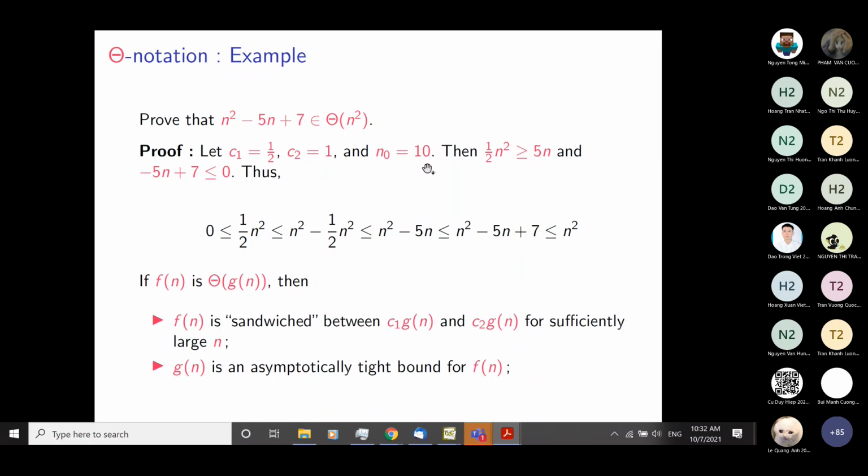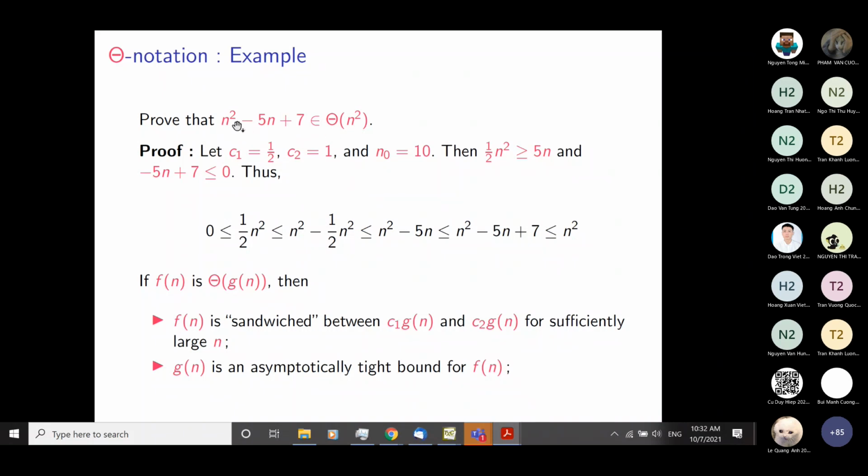So what we want is this term here to be smaller than n squared. Okay, so we have n squared minus 5n. We need this negative term to be smaller than this thing here, to make sure that this expression is always greater than n squared.